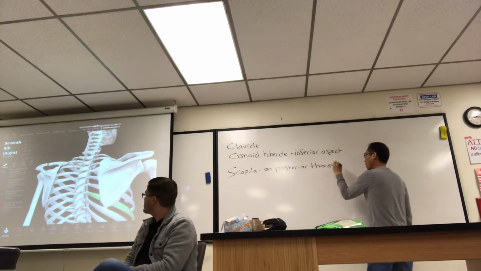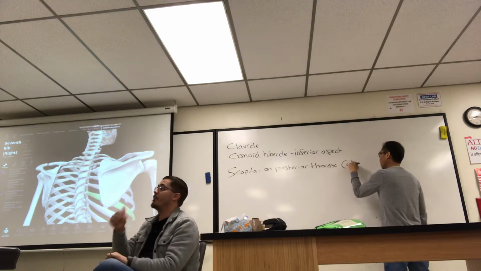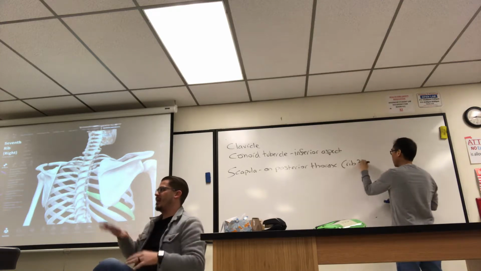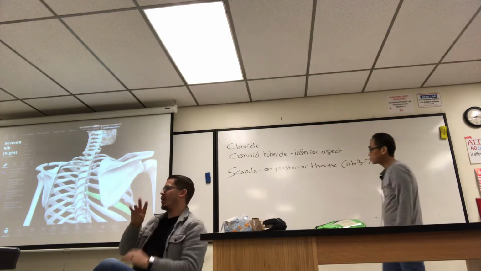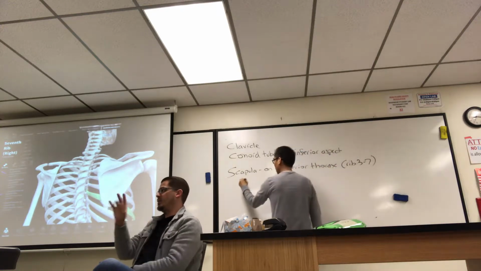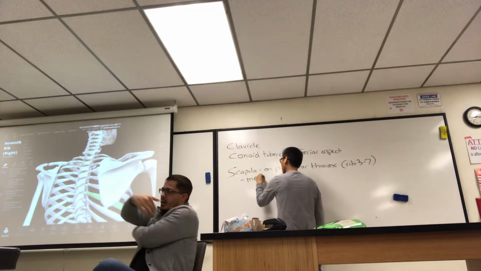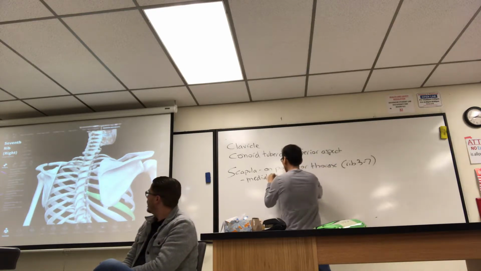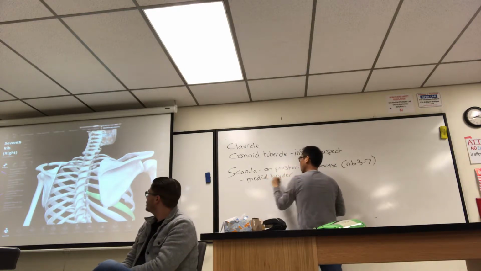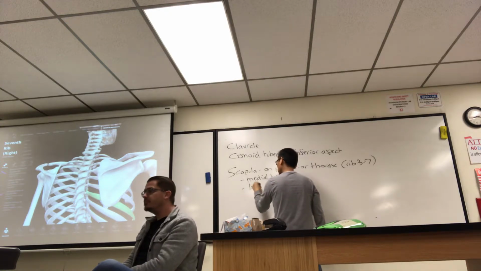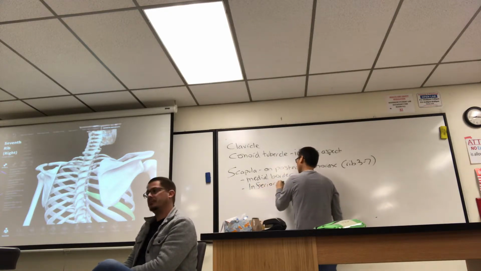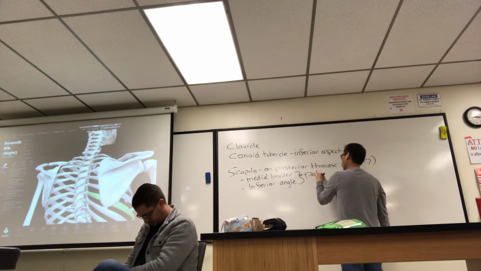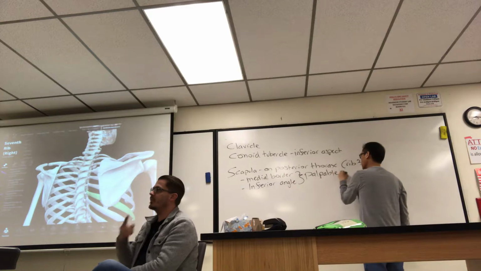So that's what I'm writing, on posterior thorax, around rib 3 to 7, close to that. You can palpate the medial border. And inferior angle. I'll say palpable structures.